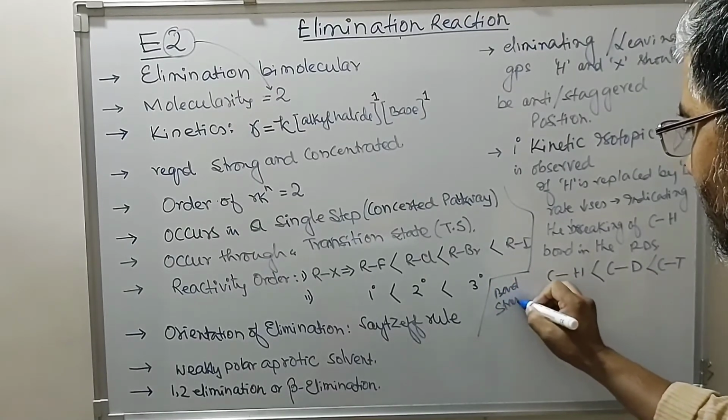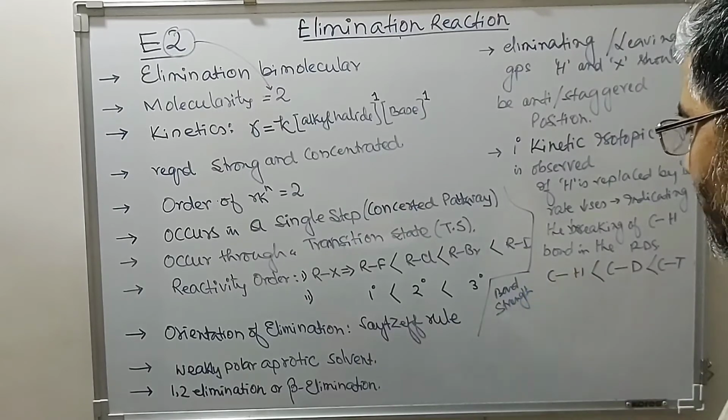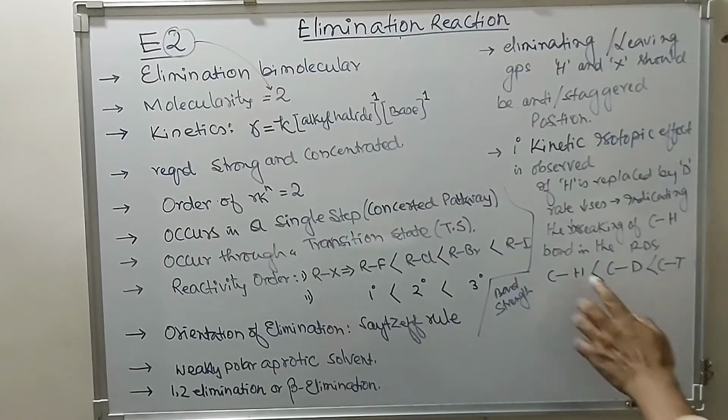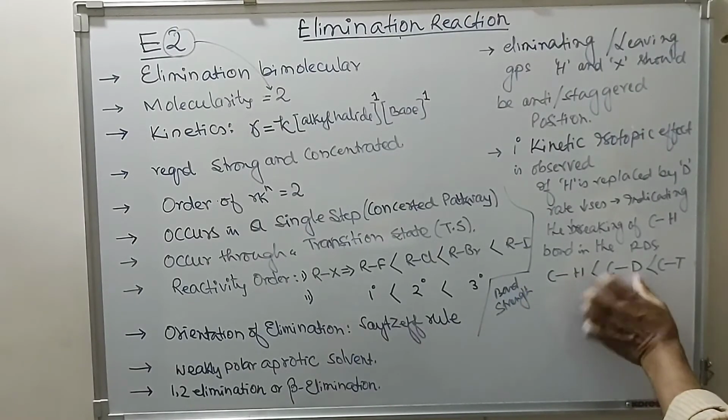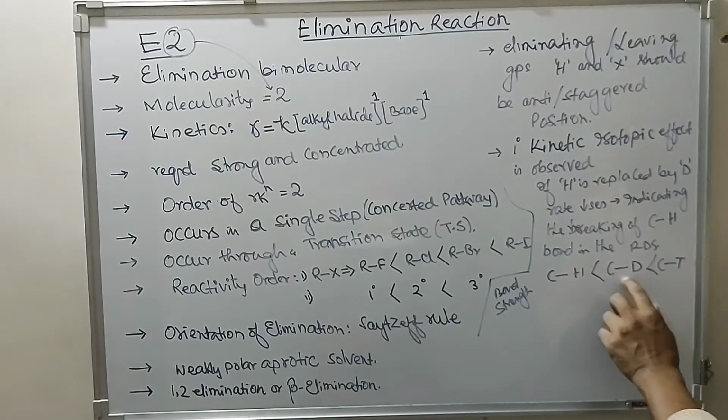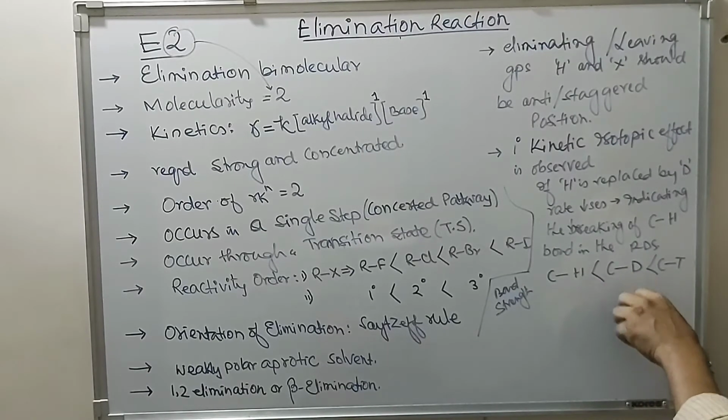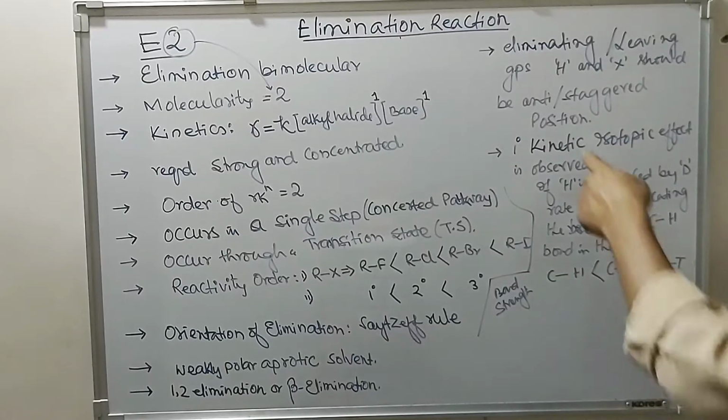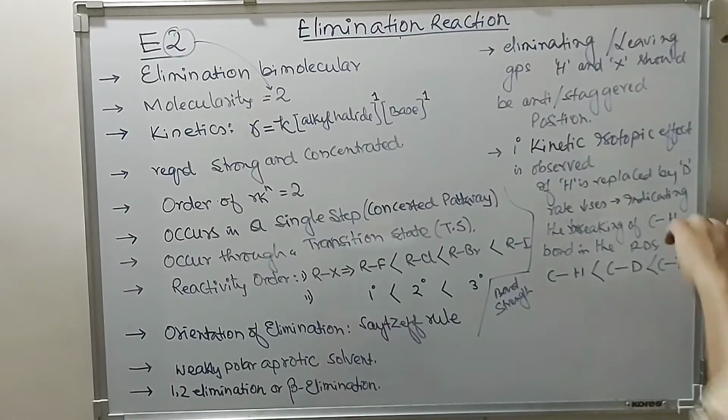So when we replace this hydrogen by deuterium, bond strength increases. If the bond strength increases, to break this carbon deuterium bond, more energy is required. Hence, the rate becomes slower. So this is what we call as primary kinetic isotope effect.